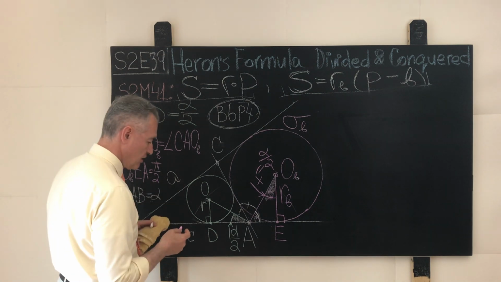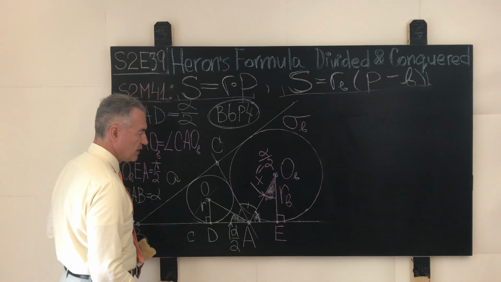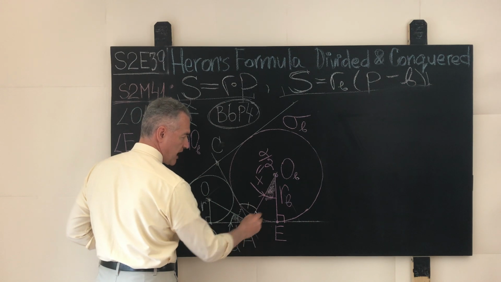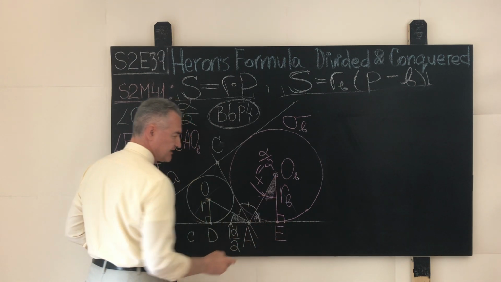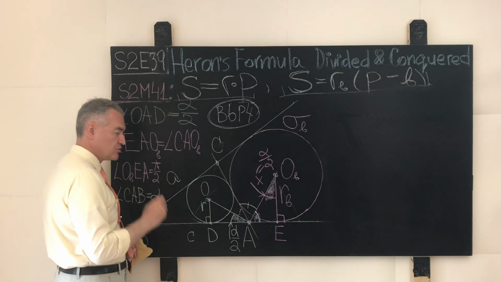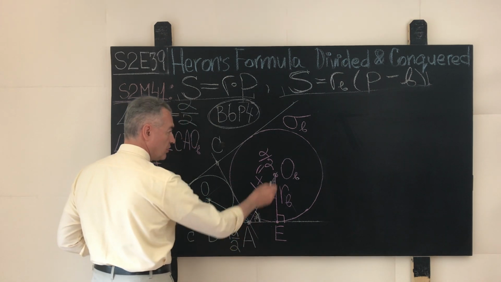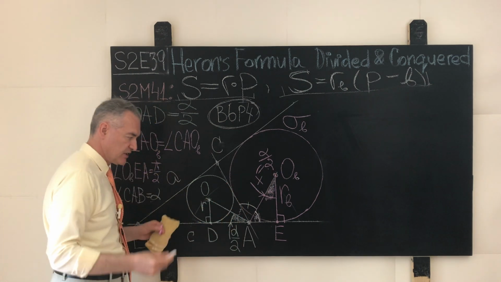What does that mean? Well, we already showed that the magnitude of the angle x, or the magnitude of the angle AOBE, is exactly the same as the magnitude of the angle OAD, alpha over 2, just to give a designation.